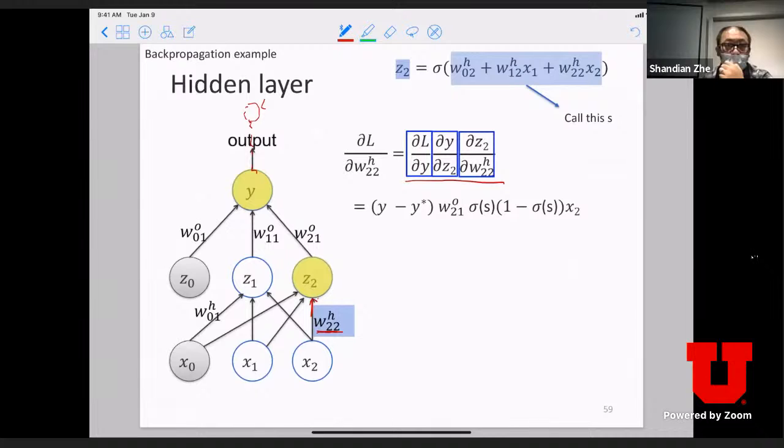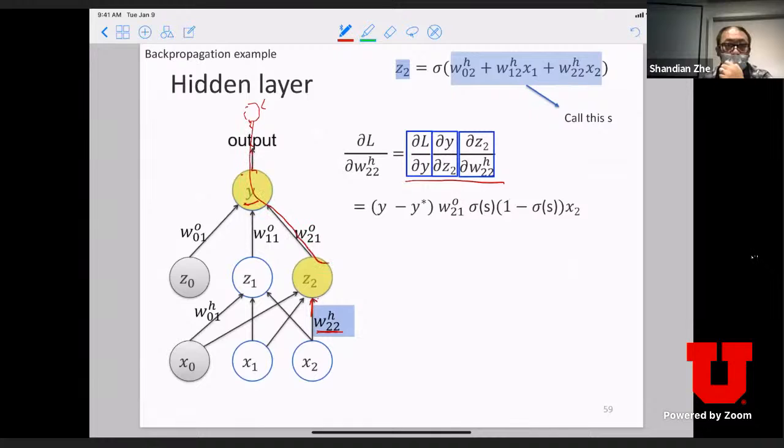And from Z2, we can see that there is only one path going to the output neuron Y. They are marked as yellow. So now the computation is just to multiply all the partial derivatives along this path.